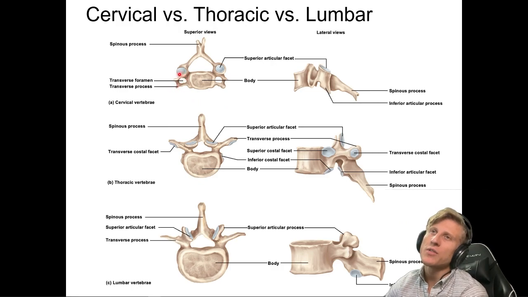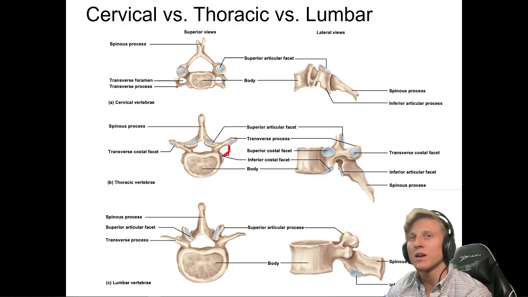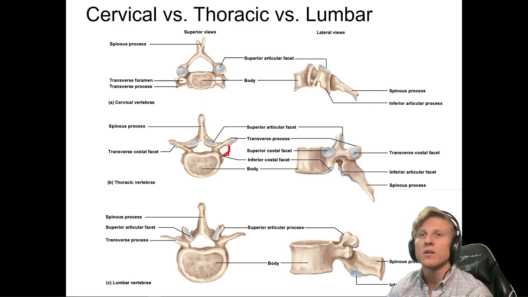Well, on the transverse processes, on these more laterally oriented processes, we have transverse foramen. We have holes in these, okay? On thoracic and lumbar, we do not have transverse foramen. The equivalent thing would be something like this. This would have to be closed off, and then we would have a foramen. But we don't have that on anything other than cervical vertebrae, okay?